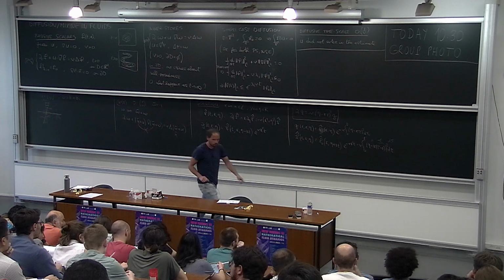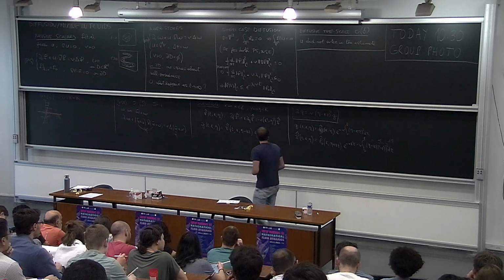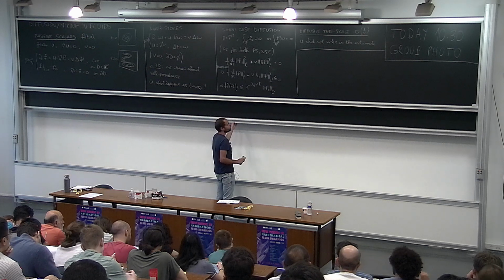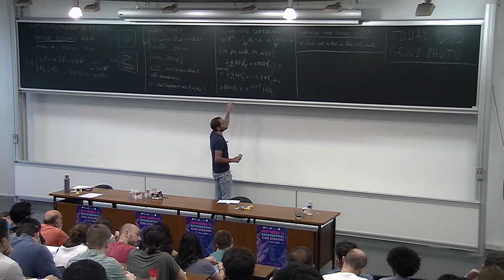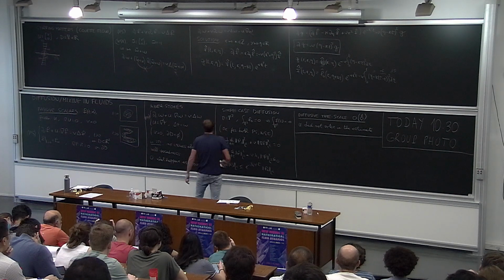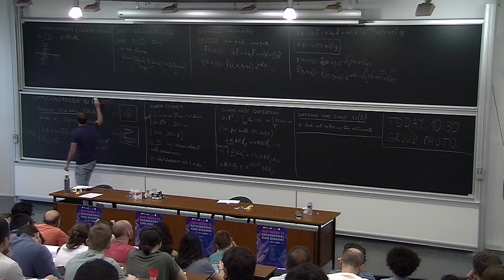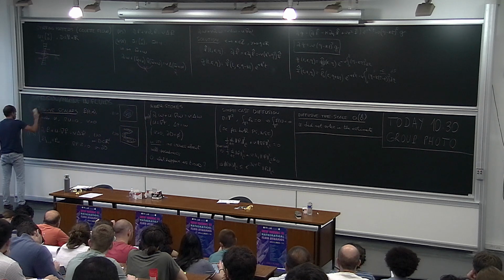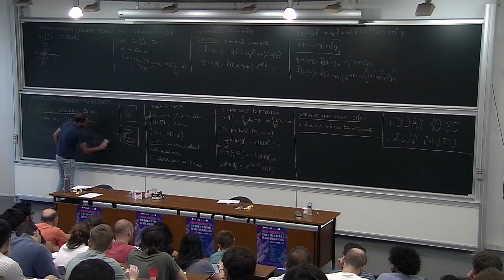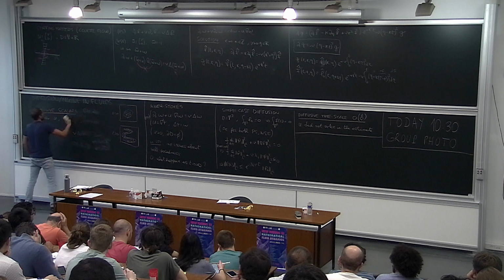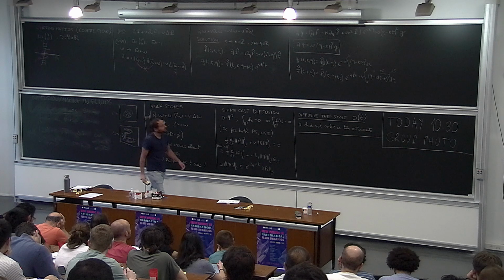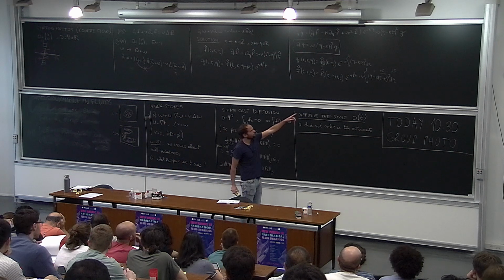So what can we get from this formula? You see, there we are integrating tau squared, basically, or s squared.